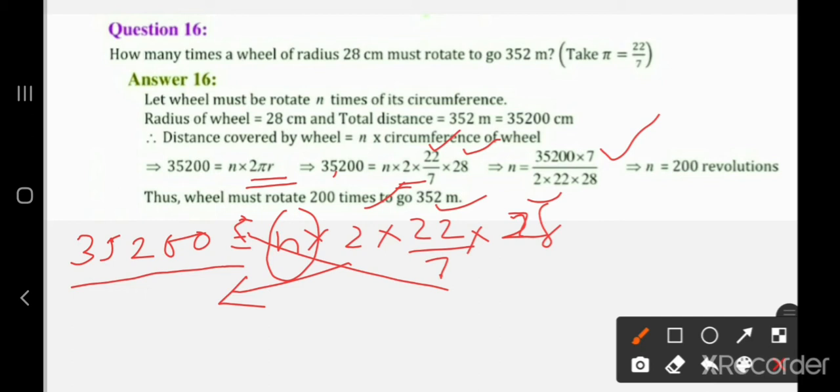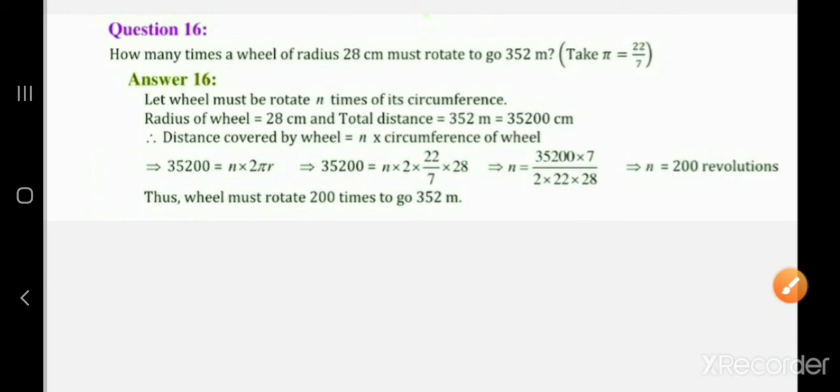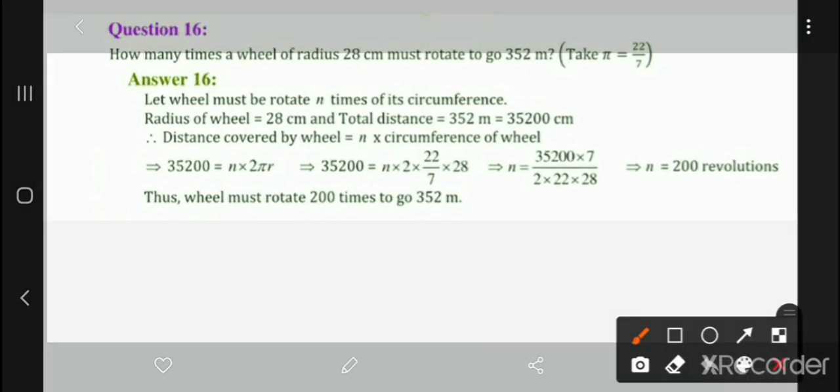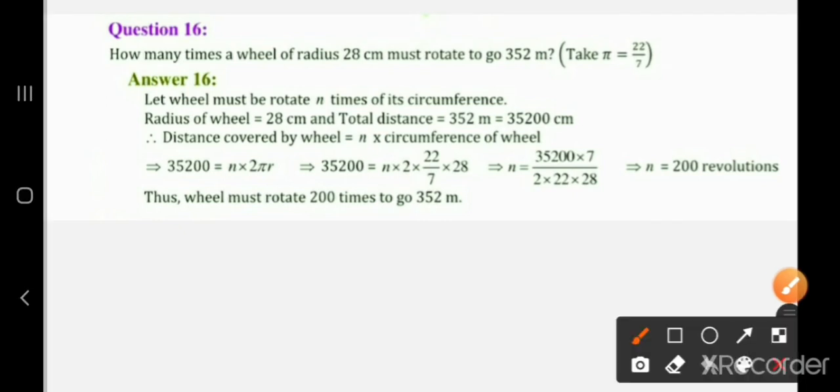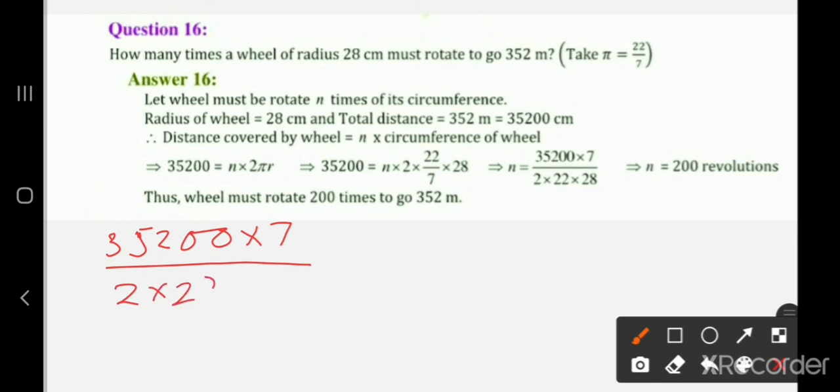Now let us try solving it. 35,200 into 7 divided by 2 into 22 into 28.